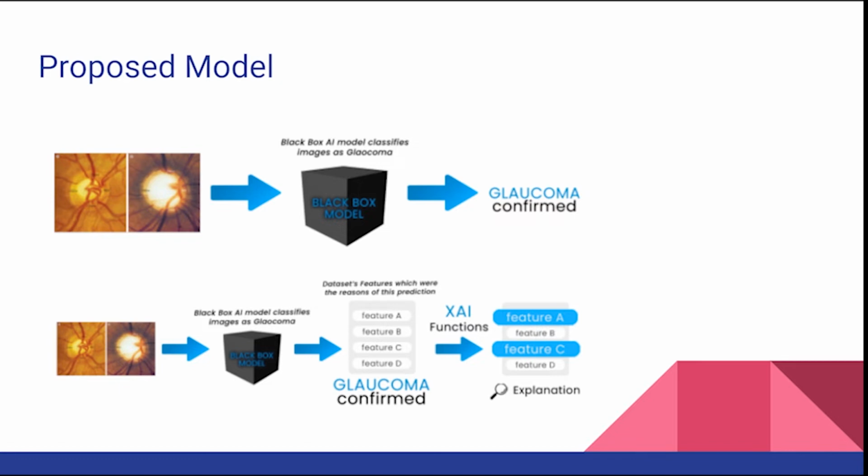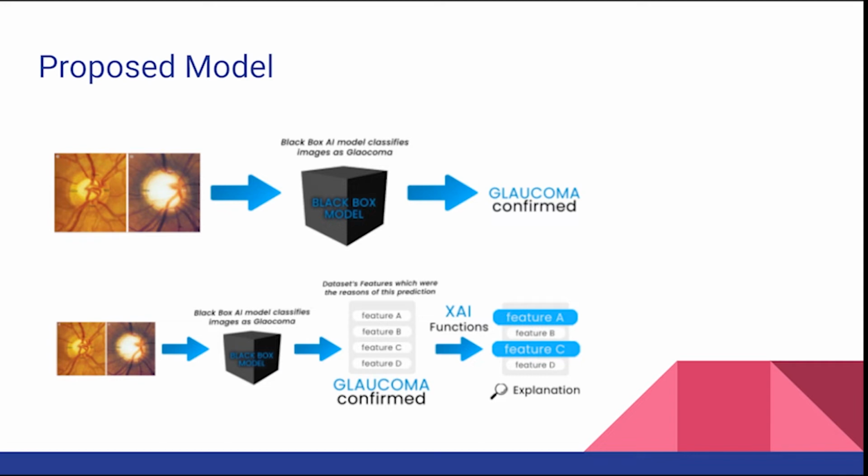We created the black box by feeding the inputs into a convolutional neural network, CNN, and then feeding the outputs of the CNN into a support vector machine, SVM, and into a fully connected neural network, FCNN.